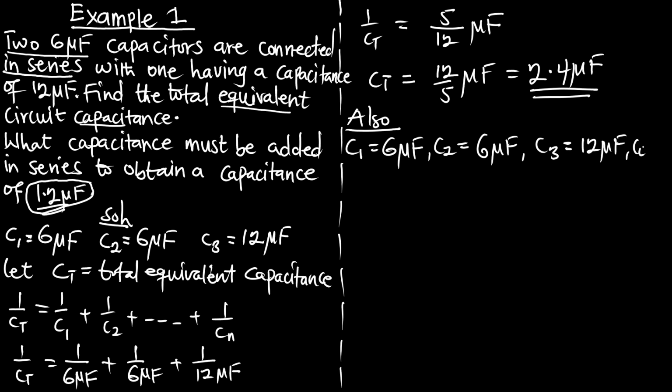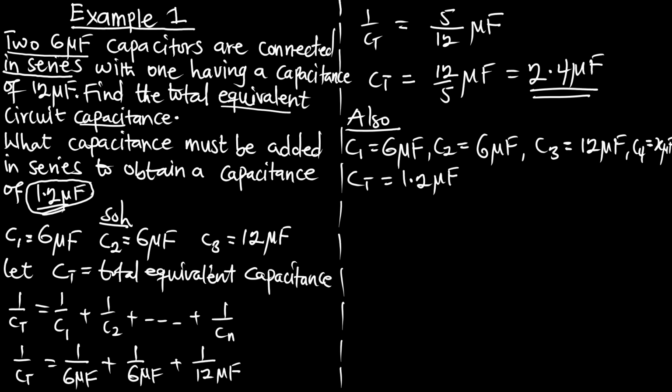Then C4, the fourth capacitor to be added in order to obtain that capacitance, is unknown, so let's call it X microfarad. Are we okay? And we want to obtain a total capacitance of 1.2 microfarad. So now let's find the value of X for the fourth capacitor.